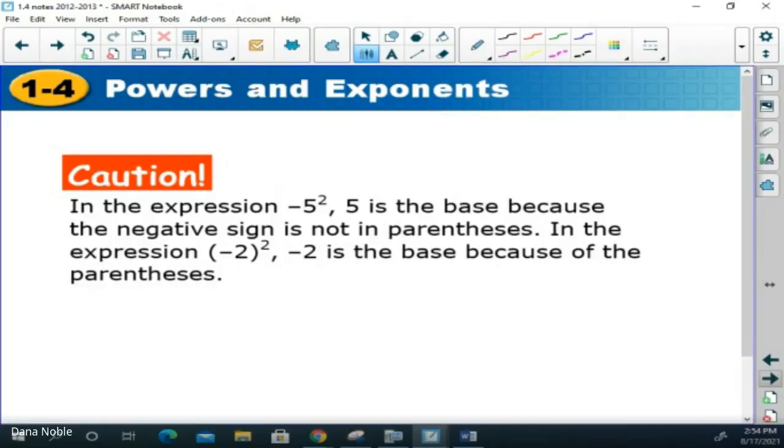Let's look at some examples of this. If I put -5 to the second, next to that I put in parentheses -5 to the second, and then I just do a plain old 5 to the second. Remember what squared means. It means 2 of the same thing. So the third one is 5 times 5. The middle one is -5 times -5.